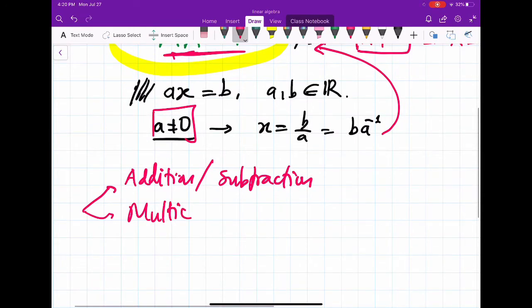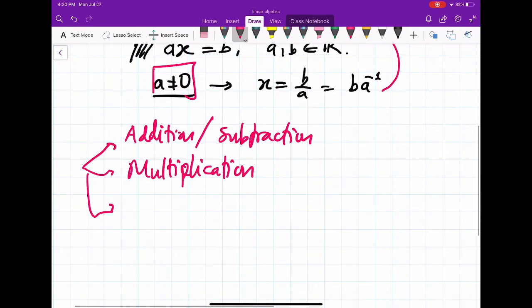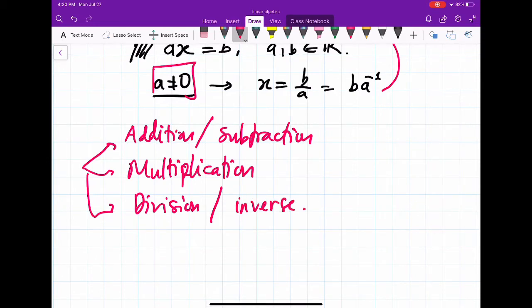Multiplication. Division, right? Division in the case that, yes, we take the inverse, or we multiply with the inverse. So we need to find the inverse of a matrix if it is possible. And we use those to solve our system of linear equations. Okay? So that is all about this chapter.